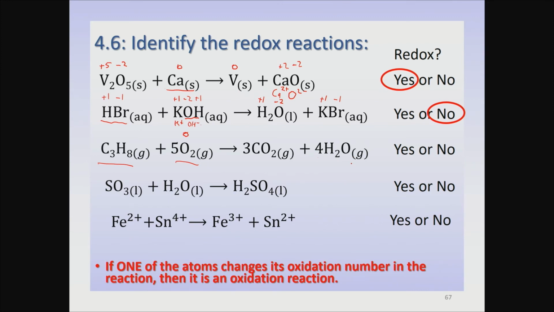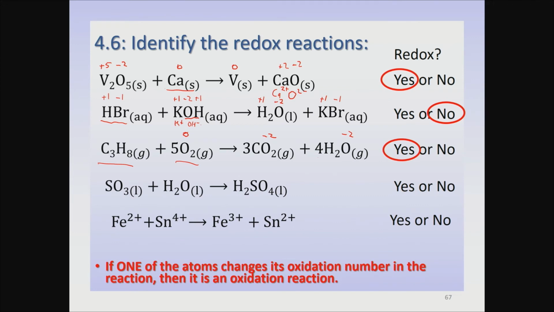Let's figure out their oxidation numbers there. You might remember that when you have oxygen in a molecular compound, its oxidation number is always -2. So it's -2 here, and it's -2 here in water. So you can see that the oxidation number of oxygen is changing as you're going from reactants to products. And so yes, this is a redox reaction.